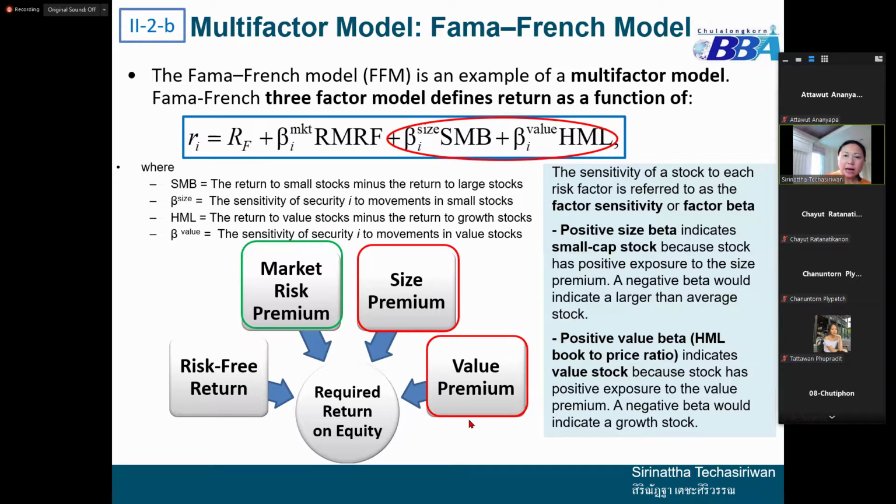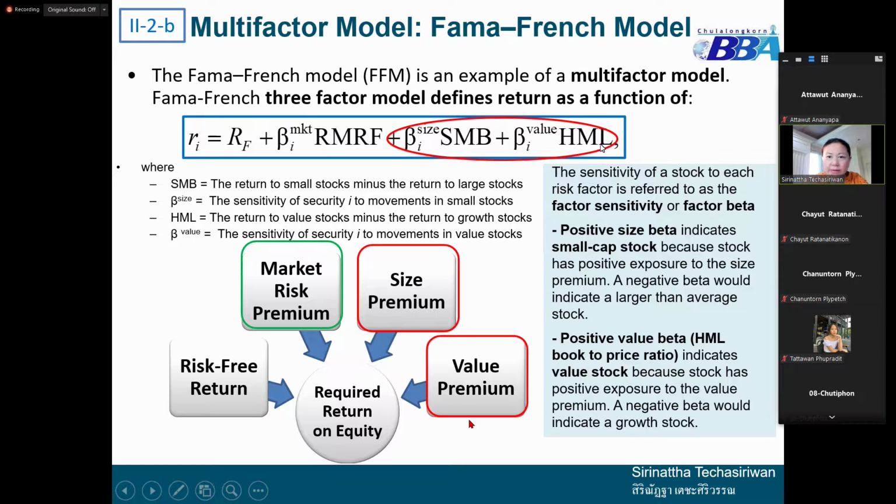So basically, a company with high book to market is a value stock, while a company with low book to market, which means the share price is a lot higher than book value, represents a growth stock, because for a growth stock, investors are willing to pay a higher price compared to the book value because they pay for growth potential. Okay, so high book to market is a value stock. Low book to market is a growth stock.